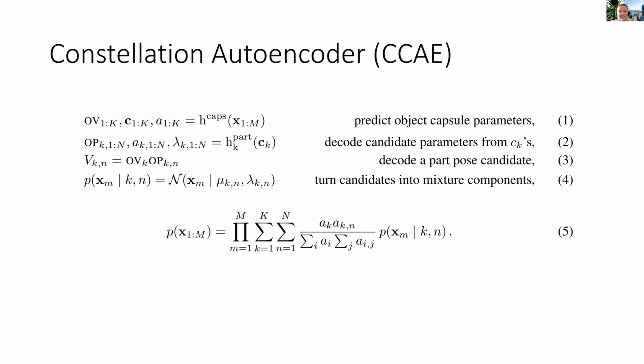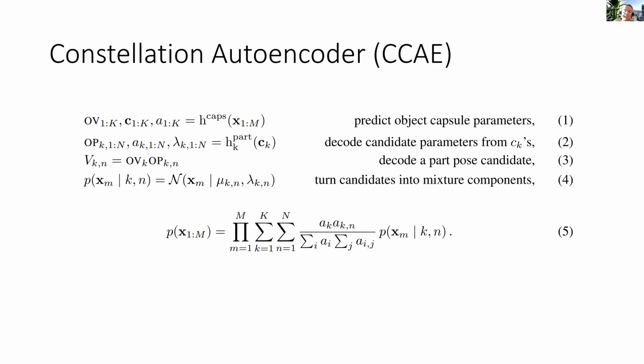Each candidate consists of the conditional probability AKN, an element of 0 to 1, that a given candidate part exists, an associated scalar standard deviation, and a 3x3 object-part relationship matrix, which represents the affine transformation between object capsule and candidate part. Candidate predictions are given by the product of the object capsule OV and the candidate OP matrices.